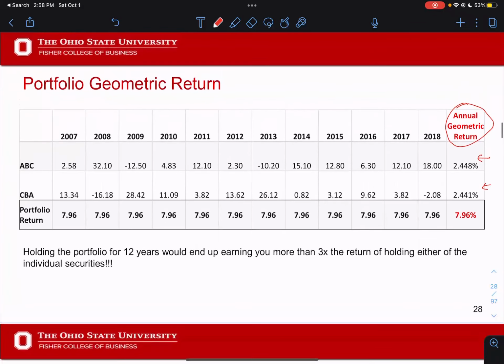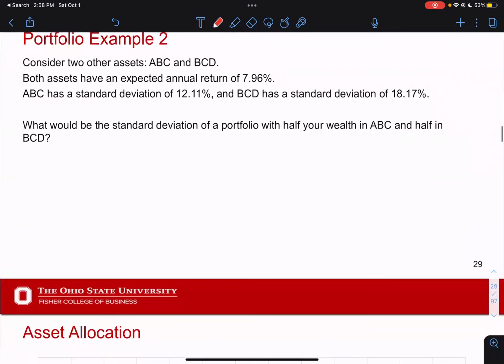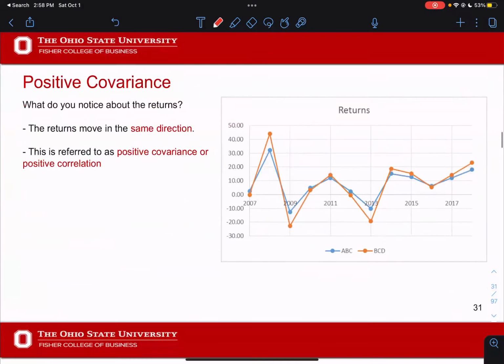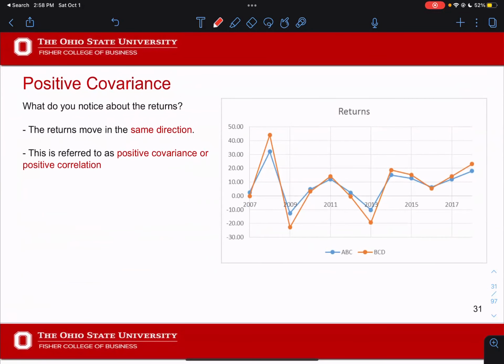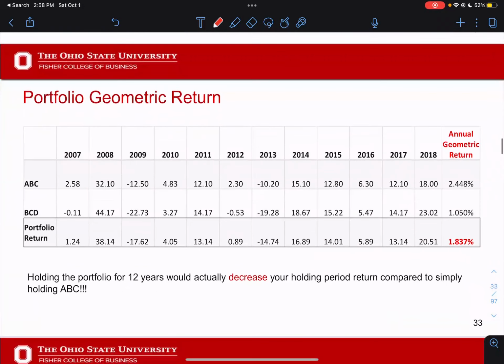Before elaborating more, let's see the other example I gave you. Portfolio example 2, they have positive covariance, right? They move around together. And again, the annual geometric return of the portfolio is lower than ABC, higher than BCD.